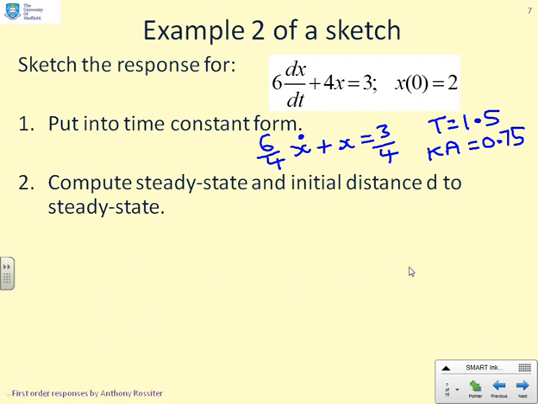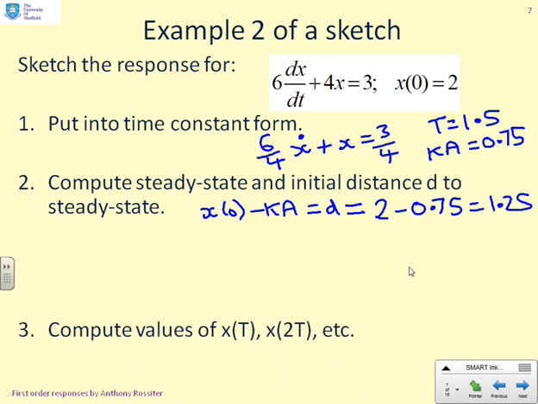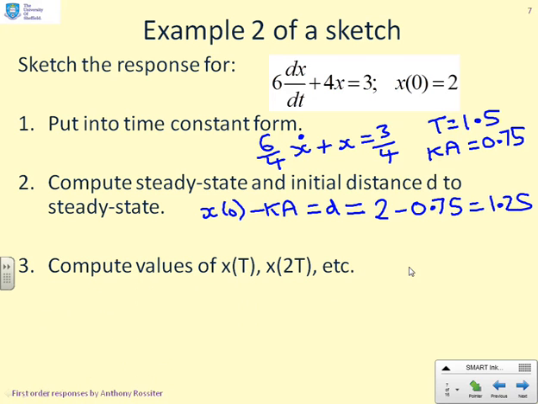So I've already got the steady state, but now I can do x of 0 minus kA equals d equals 2 minus 0.75, which equals 1.25. So there we've got d. Next, it says compute the values of x of T and x of 2T.